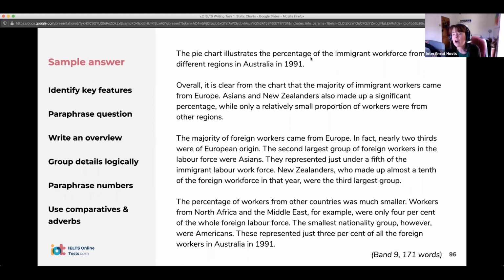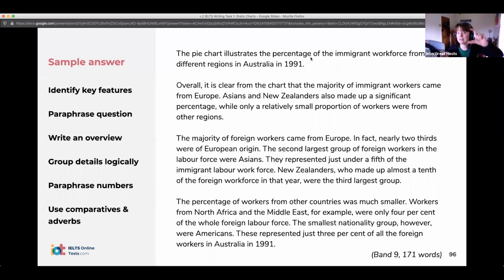If there are 2 pie charts, or for example, a pie chart and a graph, then you don't need to compare them. Usually they are on slightly different subjects.